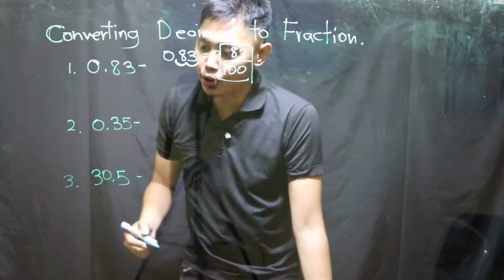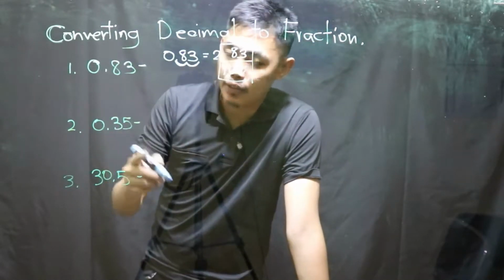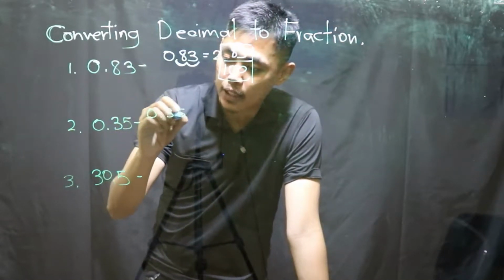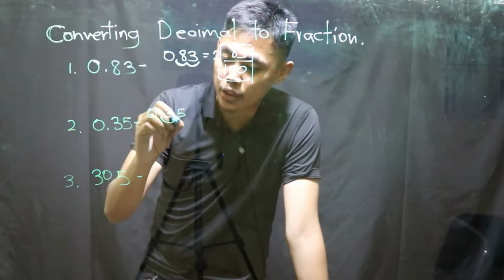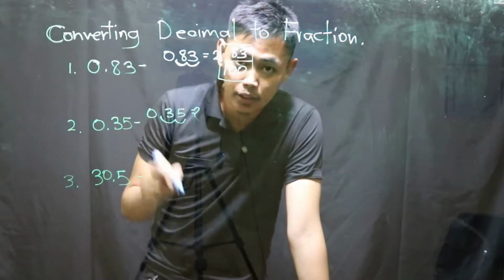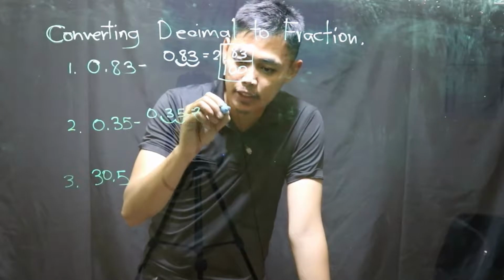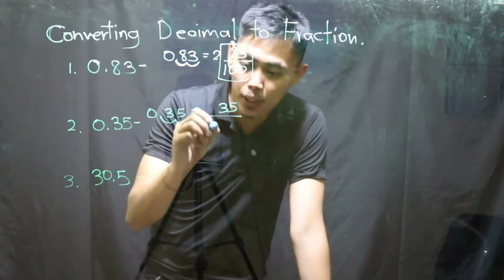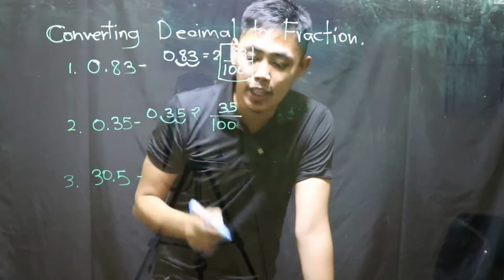Alright, for number 2, we have 0.35. We will move the decimal 1, 2, so we move it twice. So let's rewrite 35 here without the decimal point over, since we moved it twice, put 2 zeros.